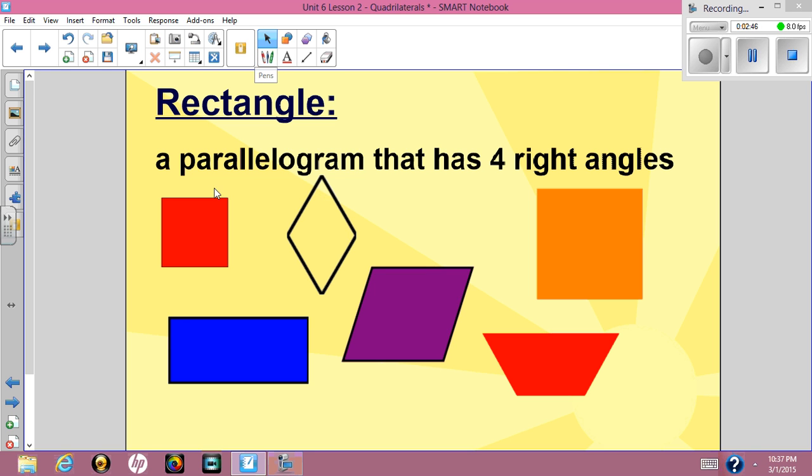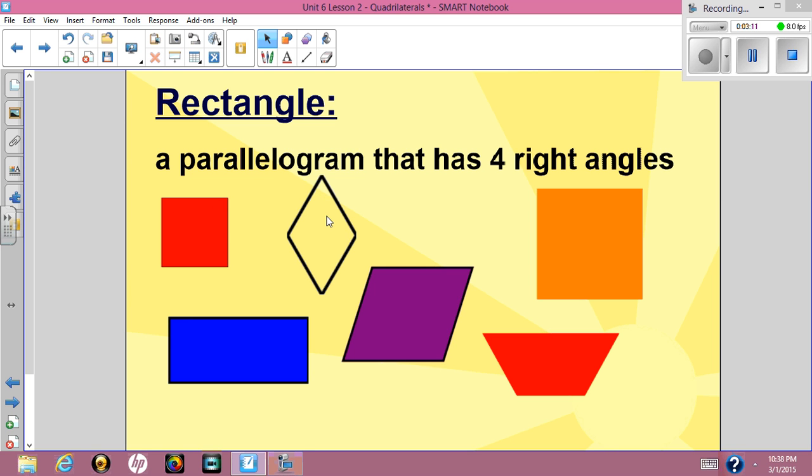So here's a right angle, here's a right angle, here is a right angle, and this corner also forms a right angle. So our rectangle, of course, fits the category. A square also fits the category. It is 2 pairs of parallel lines with 4 right angles.